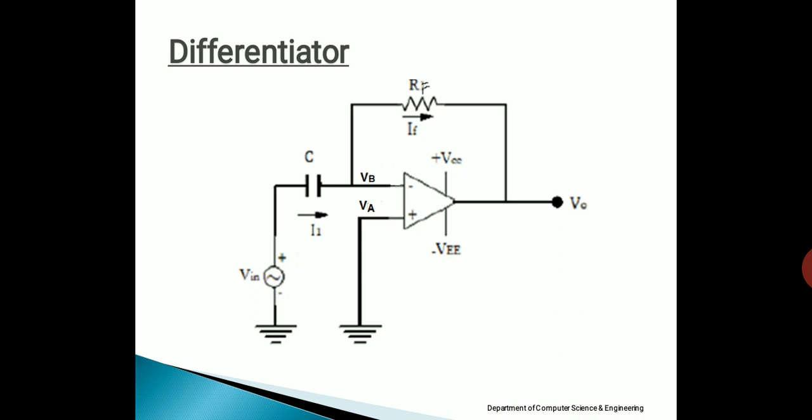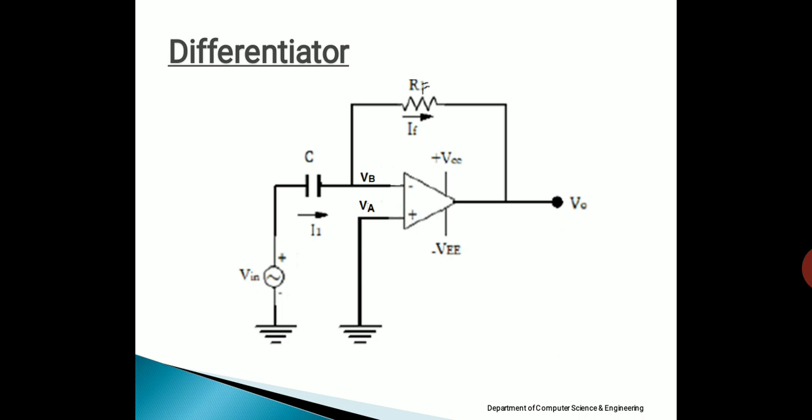When we connect this circuit, we can see there are three different currents. One is the current I1 that flows through capacitor C, another is the current IF that flows through resistance RF, and a third current, which I have not shown here, is the current that will try to enter the inverting input terminal of the op amp.